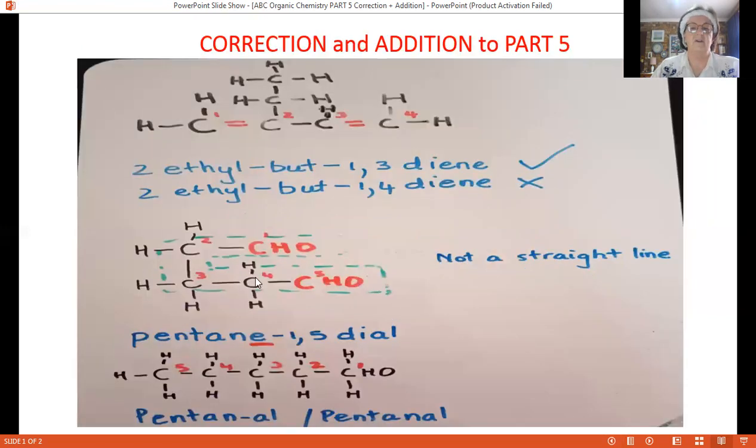And I showed you one example where it's not a straight line. There are many examples where the carbon chain doesn't form a straight line. And here I've just corrected the error in part 5.